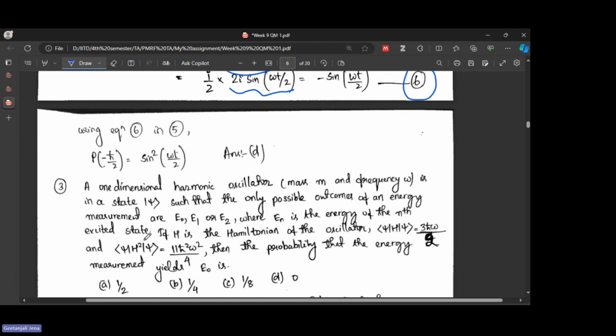It is given the one-dimensional harmonic oscillator is in a state psi, such that the only possible outcomes of the energy measurement are E0, E1 or E2. So if you measure the energy, you will get only E0, E1 and E2, where En is the energy of the nth.